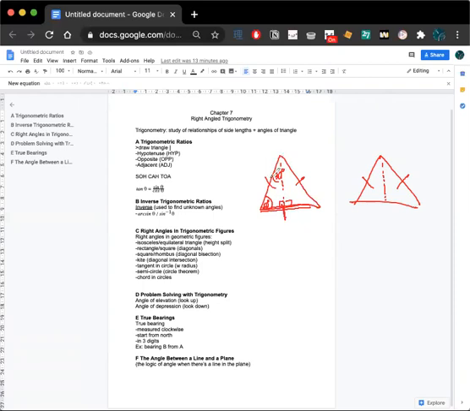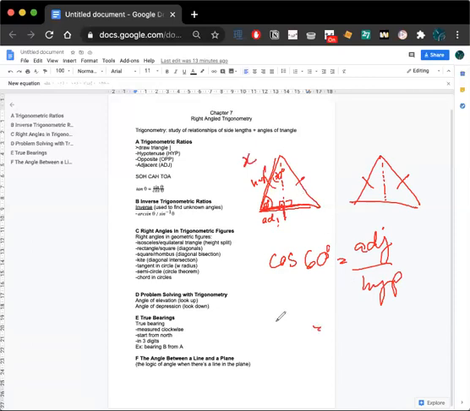And since you want to find this and this, this would be adjacent and this would be hypotenuse, so we can use cos. So cos 60 degrees would be adjacent over hypotenuse. Let's just say the hypotenuse is x.